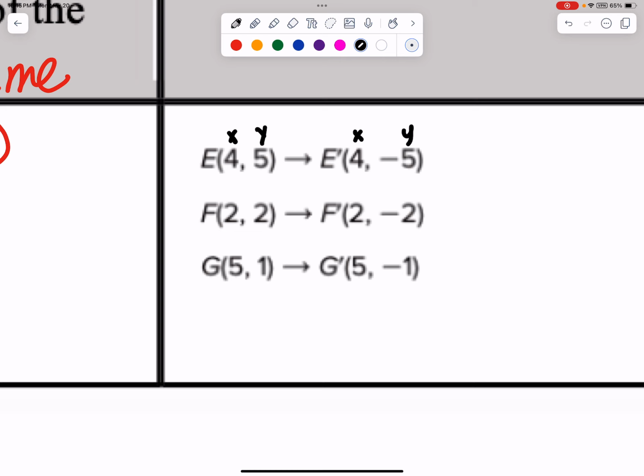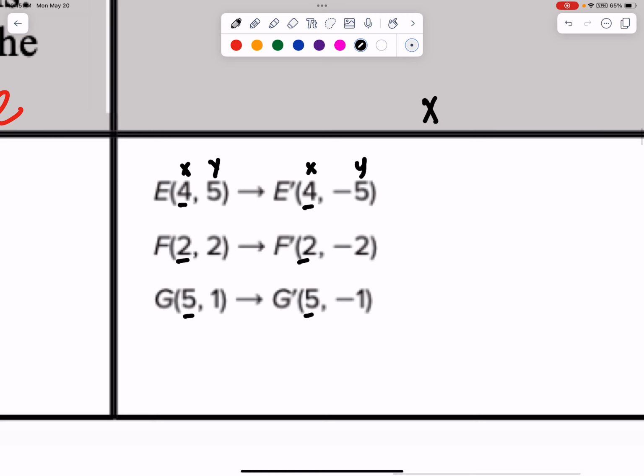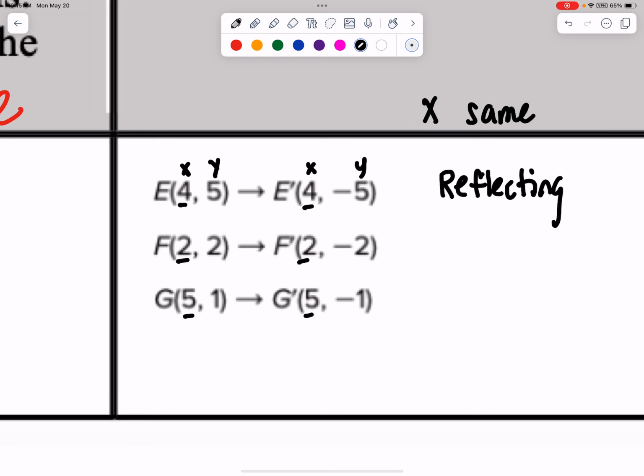Okay, which one's staying the same? If you look through, 4, 4, 2, 2, 5, 5. Okay, so x is the same. So what does that mean we're reflecting over? Okay, we're reflecting over the x-axis because x is staying the same.